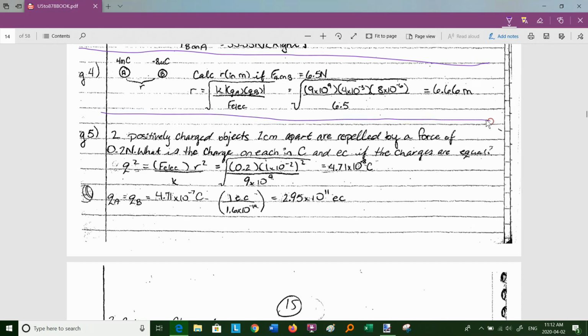Let's say we have two positively charged objects. They're 1 centimeter apart, and they're repelled by a force of 0.2 newtons. What is the charge on each?